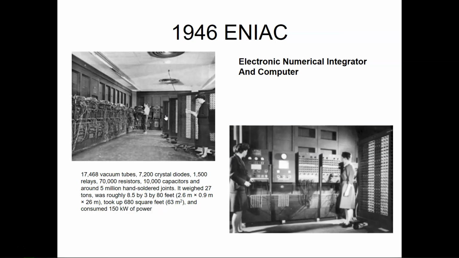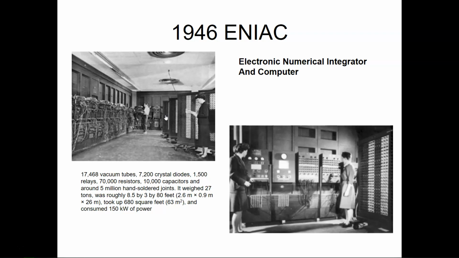We have what's called the Electronic Numerical Integrator and Computer, which basically was a glorified calculator that used 17,468 vacuum tubes, over 7,000 crystal diodes, relays, resistors, capacitors, and a bunch of hand-soldered everything. It weighed 27 tons and was roughly 8.5 by 3 by 80 feet.